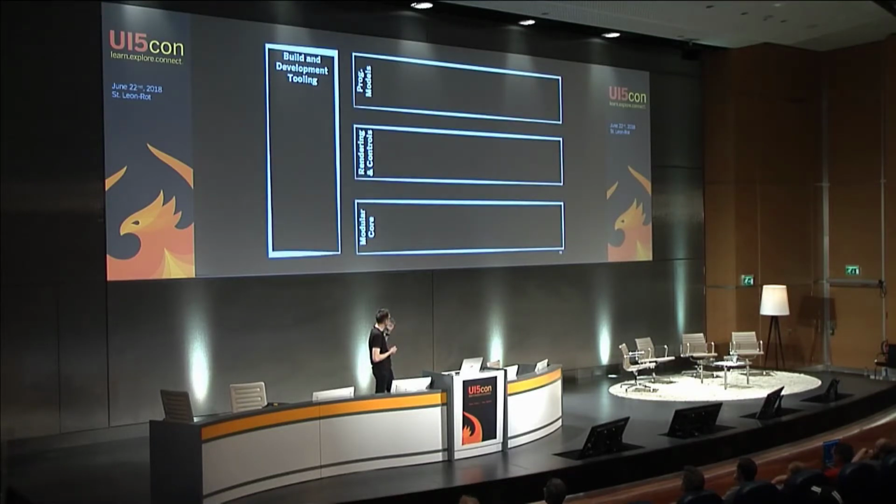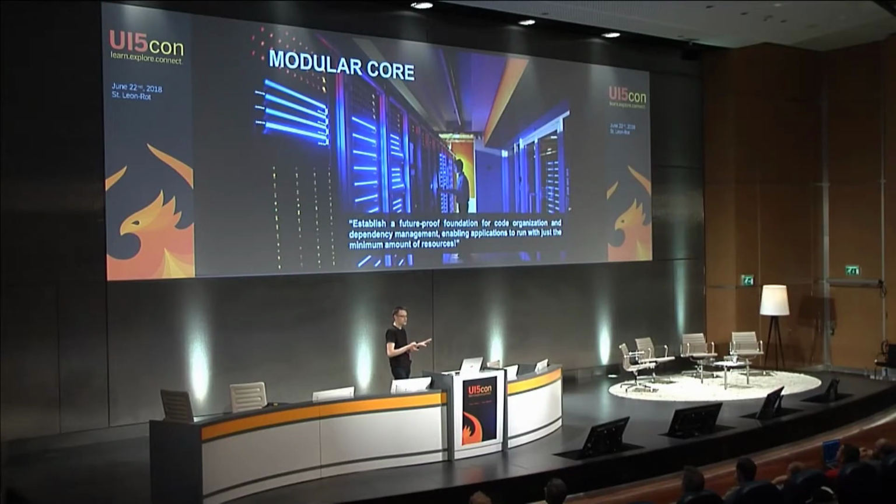And with the 4 major parts here, we will concentrate on the modular core part, and possibly also an outlook to bundling features that will eventually end up in the build tooling. So the modular core is the foundation, right? It's to become the future-proof foundation of all the work you will do and all the improvements that we implement.